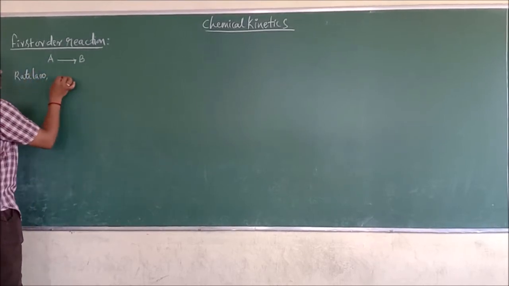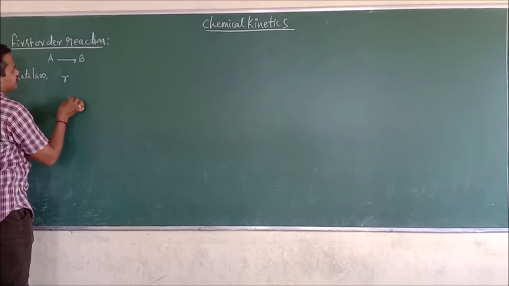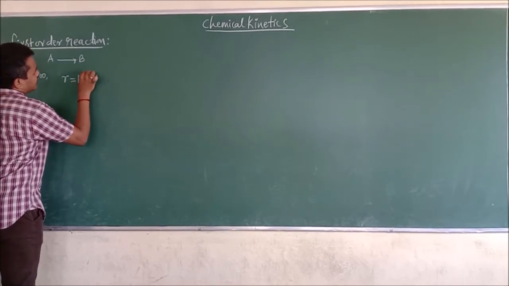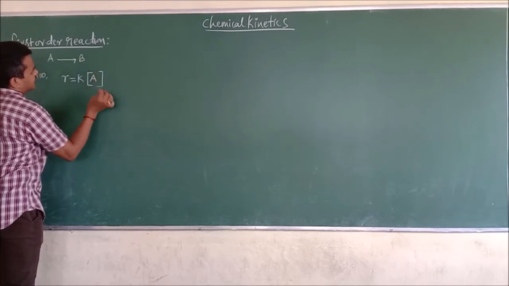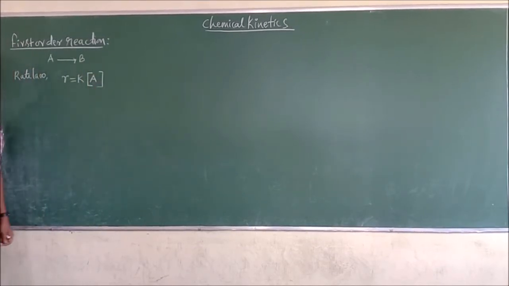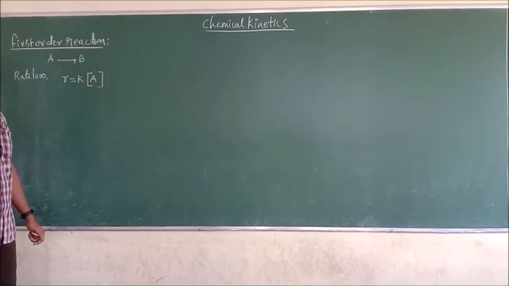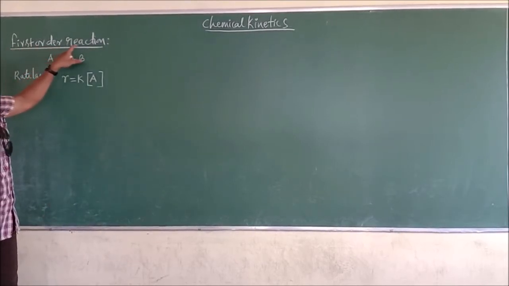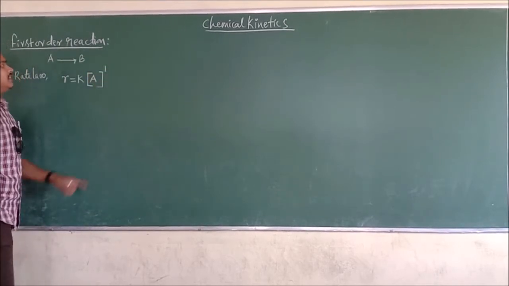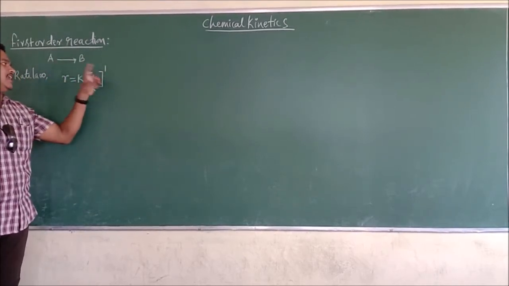Rate law means rate of a reaction is equal to K into the concentration of the reactant raised to some power x or some power n. That is an experimental value. Whenever you say first order reaction, that power should be 1. Then it will be called a first order reaction.